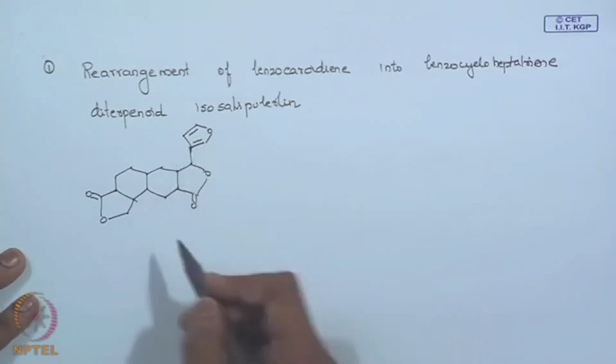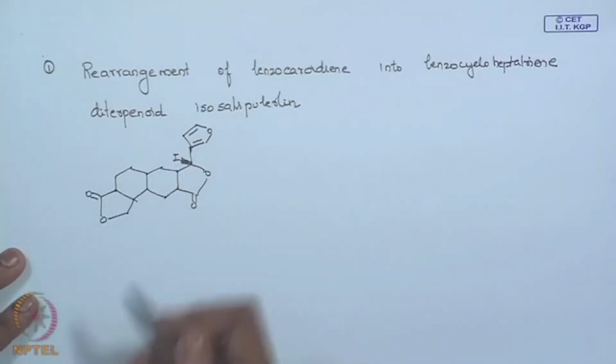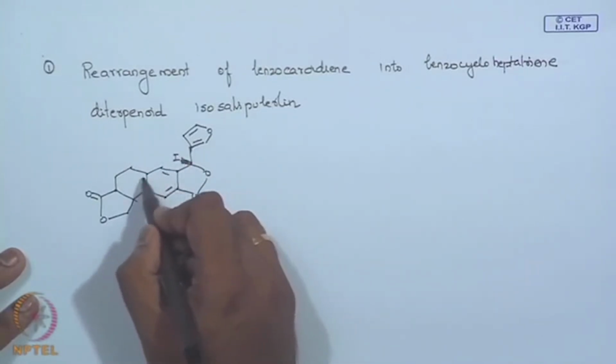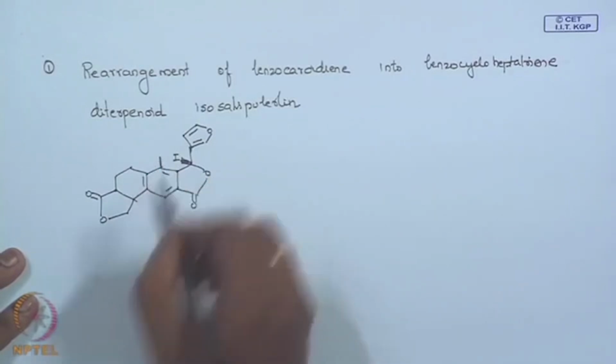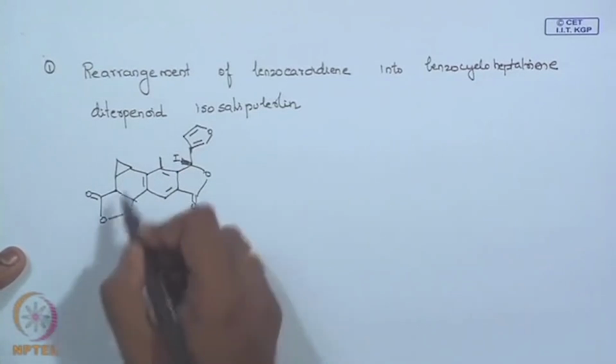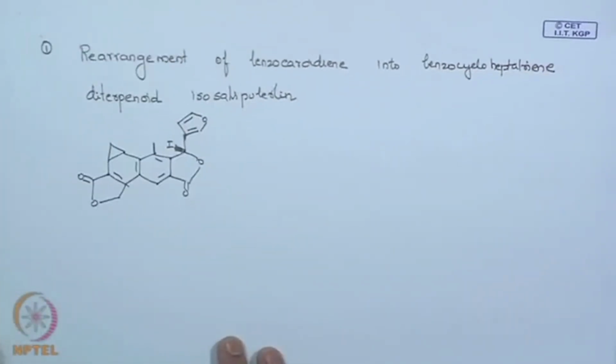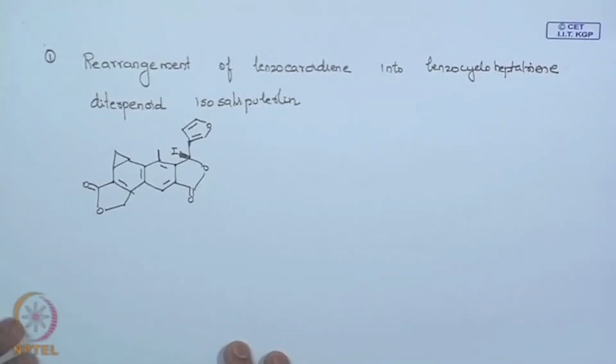Furan, okay, and you have an iodine here, fine. So it's an aromatic compound with a methyl, fine, and you have a nice cyclopropane in this compound. Okay, clear with the structure. This is your benzocaridine.